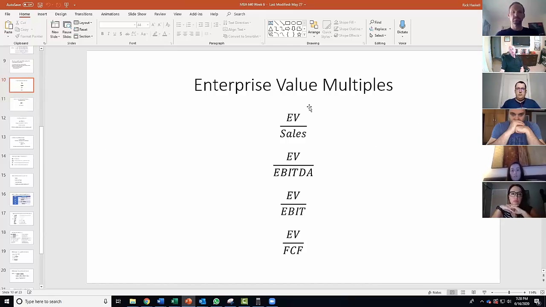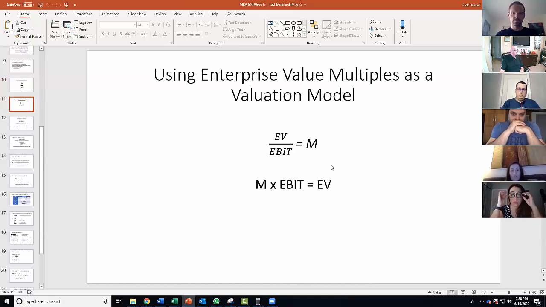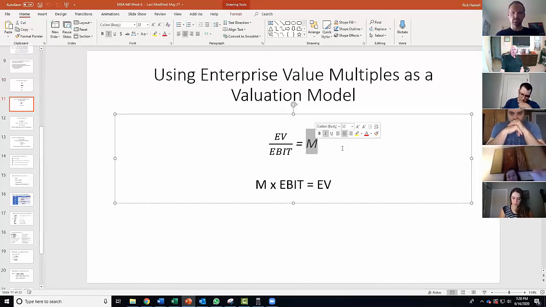Well, how do we turn these multiples into models? Well, if enterprise value divided by EBIT equals some multiple, M, then that multiple M times EBIT should equal an enterprise value, right? Think of this almost like we do a forecast ratio, because it's just a ratio, right?